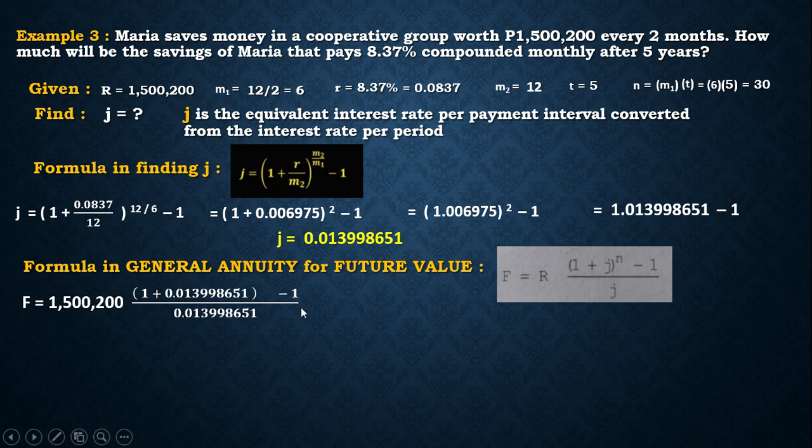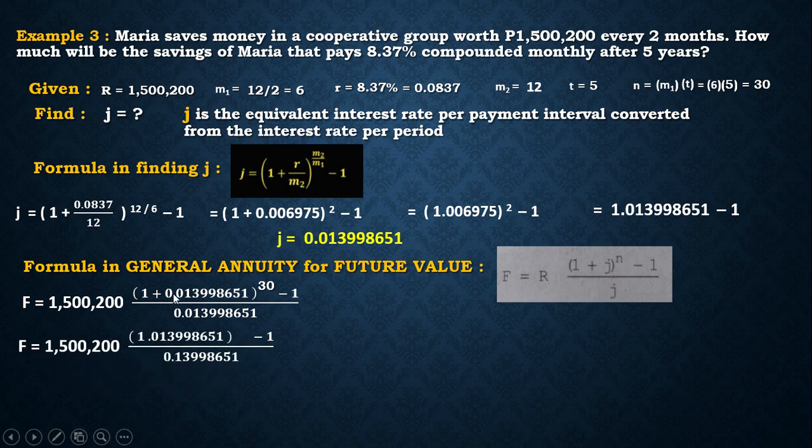Ganon din sa baba, sa denominator. Tapos yung N natin, yun po siya, which is 30. Minus 1, minus 1. So, wala po dapat babaguhin dito sa mga 1 na nakasulat sa formula. Next step, i-add po muna natin ito. Walang gagalawin dito, dito, at dito.